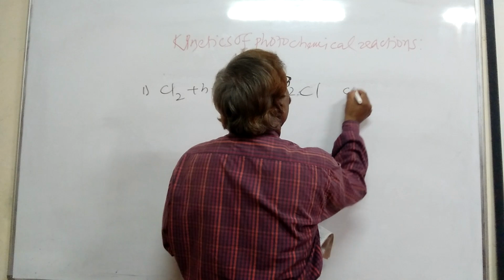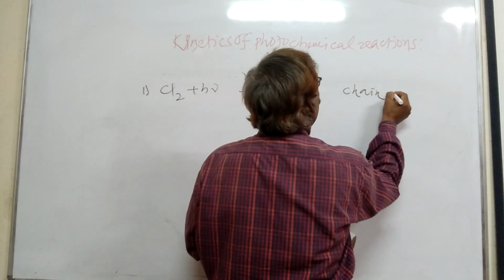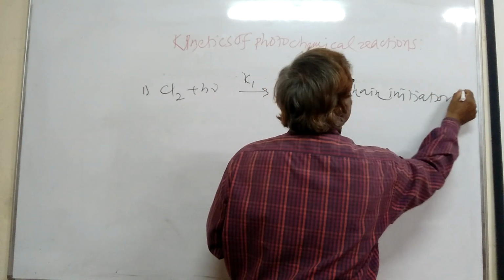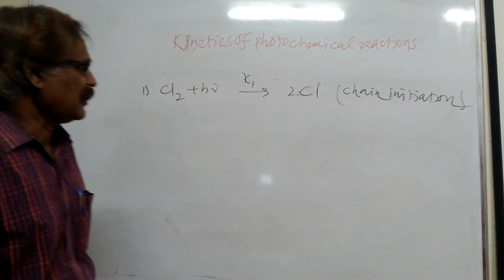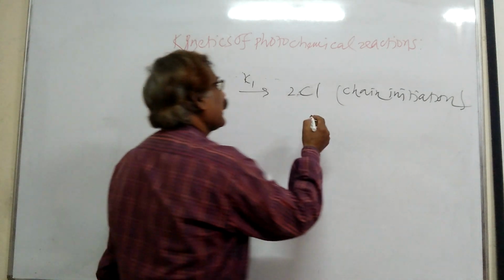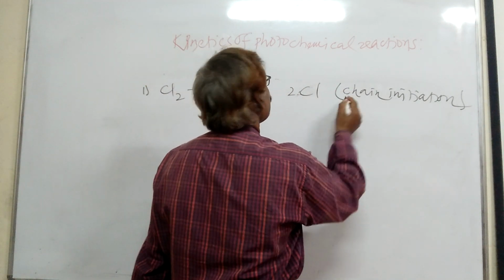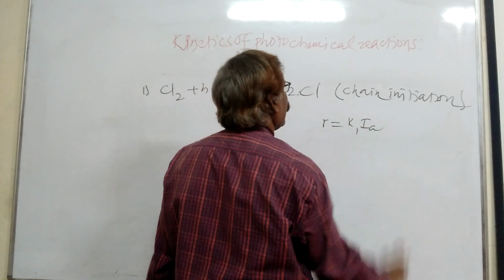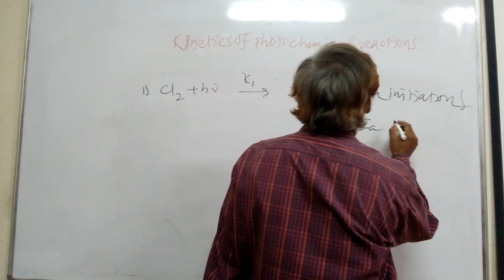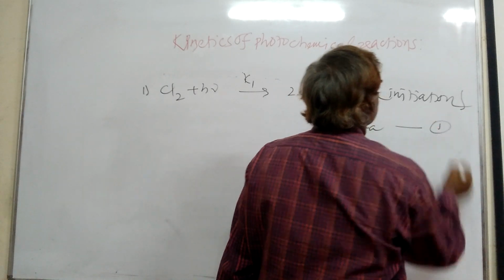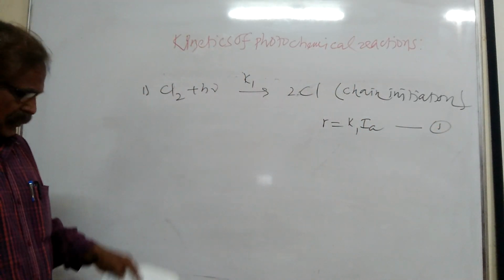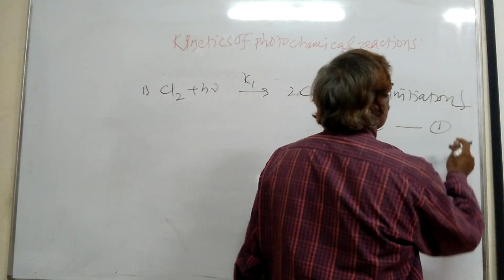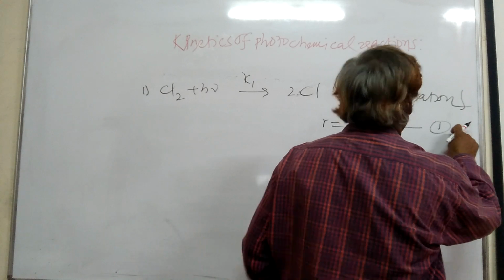This reaction is known as the chain initiation reaction, and the rate law of this step is R equal to K1 into I_A. Let us suppose this is reaction 1, the chain initiation reaction.